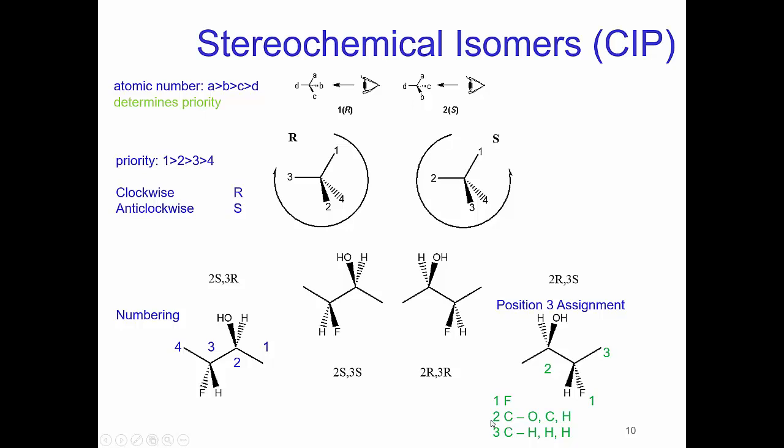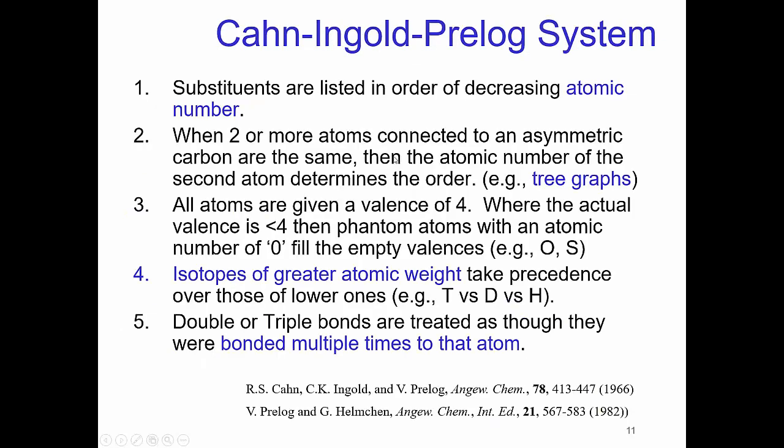This is not drawn in the same branched way, but the idea is that we are now looking at the next atoms attached to that ambiguity point, the ambiguity point being we don't know the priority between these two, right? And we look for the atom attached to those that has the highest atomic number, which in this case is oxygen. Okay, so that's what this next rule has to do with.